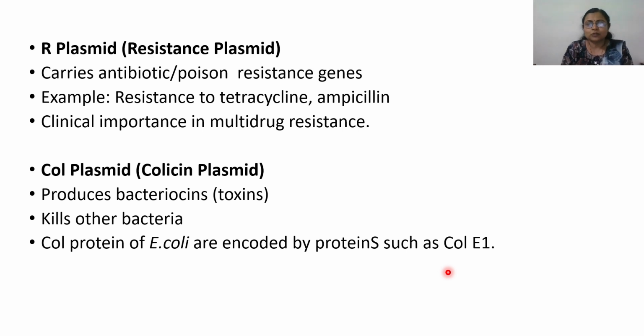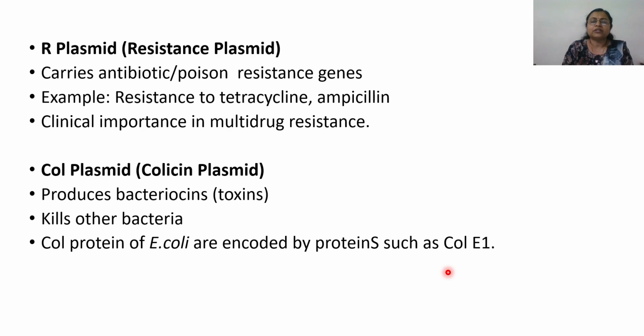Col plasmids are also there. The next type is known as a colicin plasmid, as there is one protein, a toxin known as a bacteriocin, produced by some organisms which possess col plasmids.